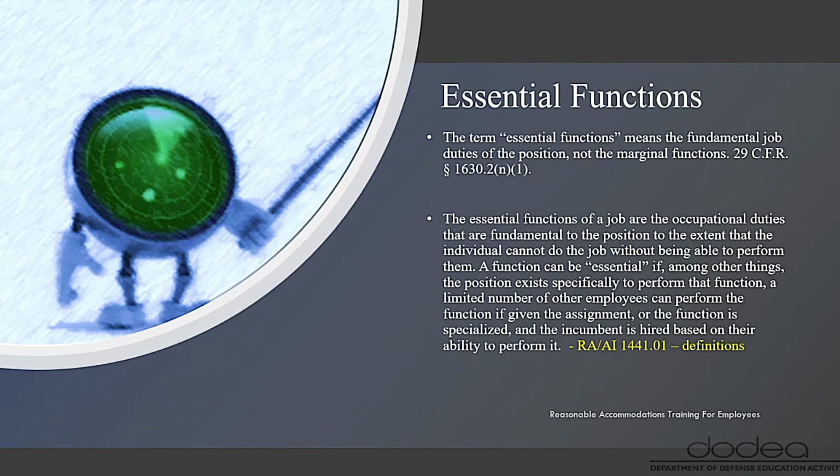Okay, as I said earlier, the essential functions, I'm not going to read all this stuff to you, but the thing to remember about what essential functions are, they are the functions of your position that if you take them away, it's impossible for you to perform the position. So if you're a teacher, for example, assigning work and grading papers is an essential function of your job, right?